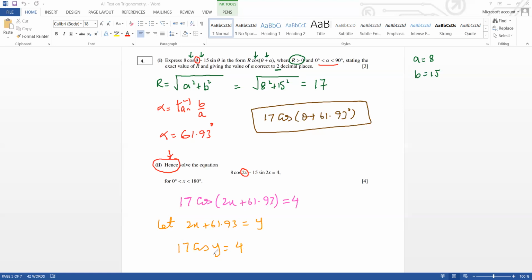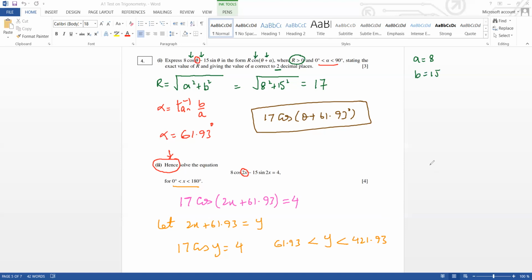When you bring in a new variable into your trigonometric equation, you must mention its limits as well. You have x between 0 and 180, so y is going to be between 61.93 and 360 plus that, which is 421.93. These are the limits for y within which we have to get the answer.